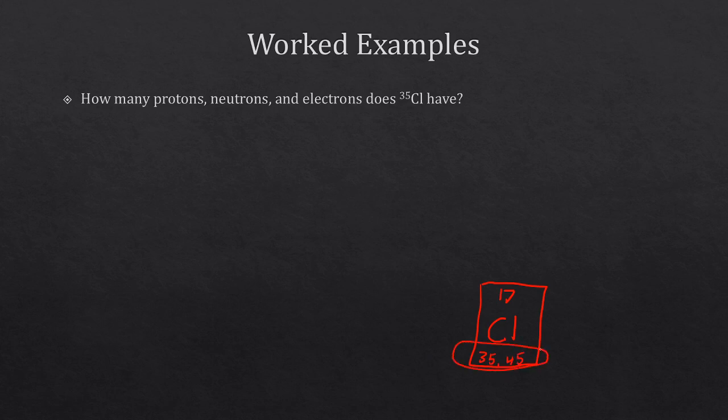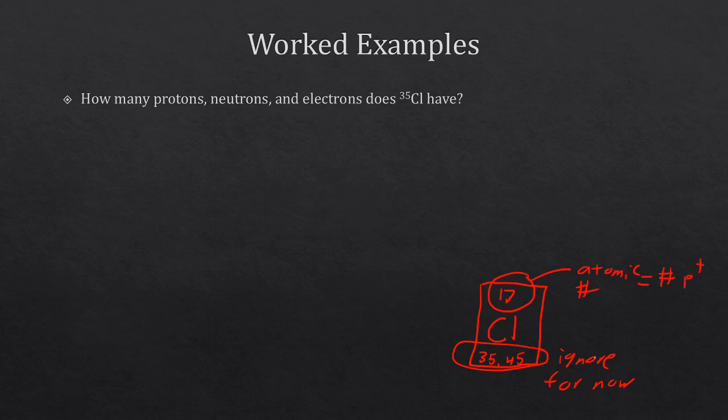For right now, we're going to ignore this bottom number. It's going to actually be your most used number on the periodic table, but we're going to get to that in a few slides. What's important is this number up top, the whole number. This is the atomic number, which represents our number of protons.